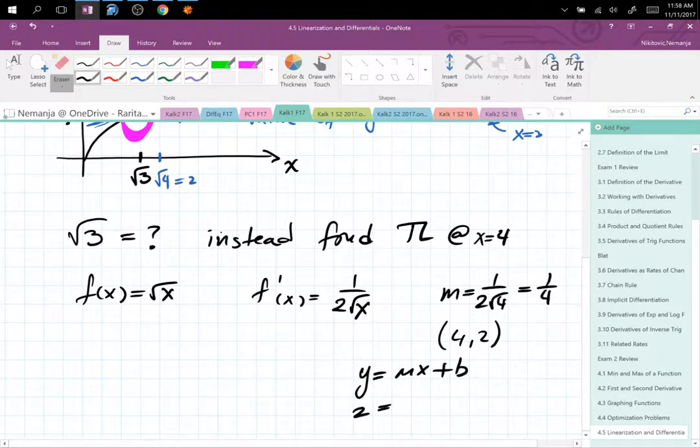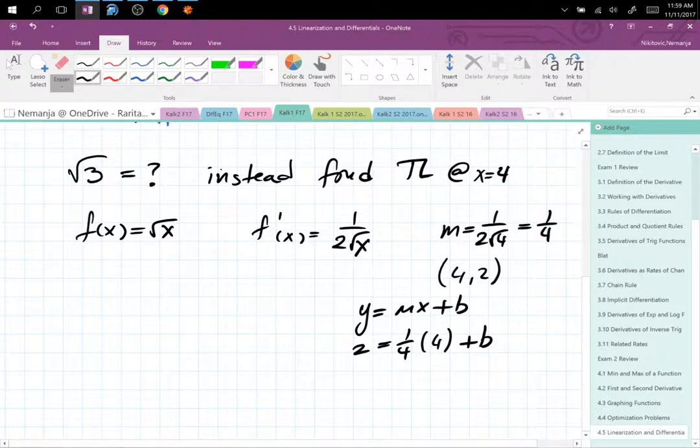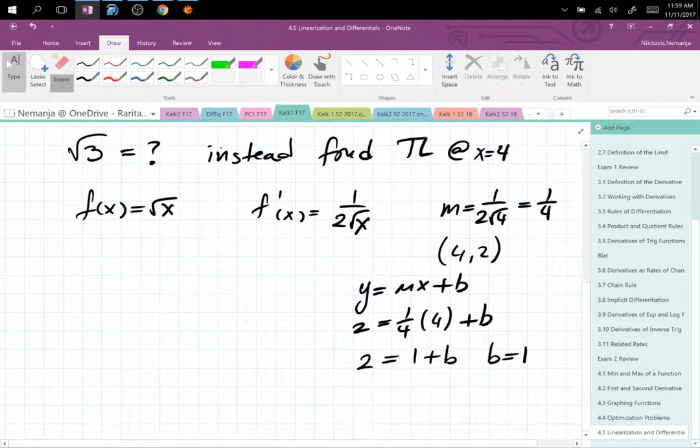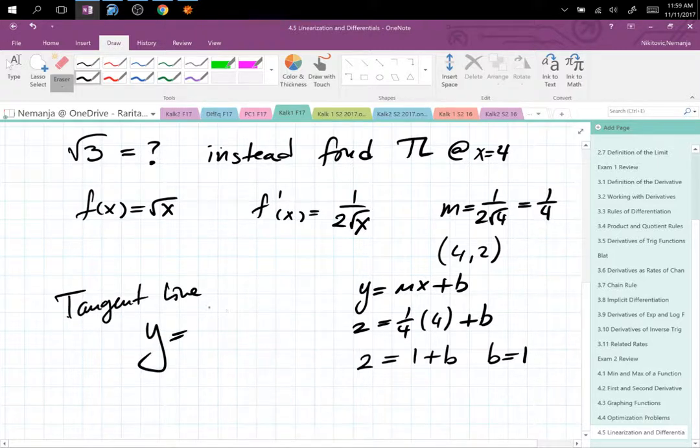Y is 2. M is 1/4. X is 4 plus b. And I have 2 is equal to 1 plus b. B is equal to 1. So here's the tangent line. Tangent line is y equals 1/4 x plus 1.